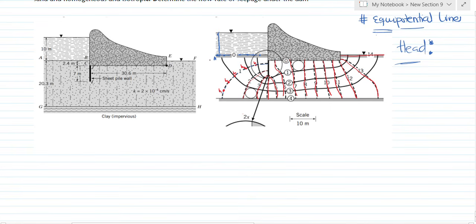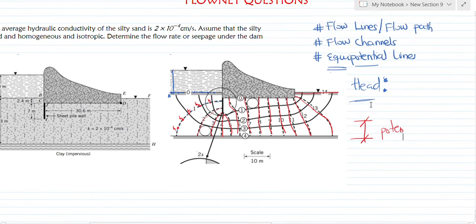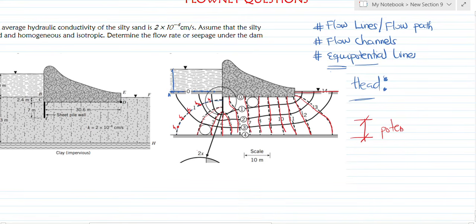Now the difference between two equipotential lines is what we call potential drop. For example, equipotential line 0 has a head of 10, and equipotential line 1 has a head of 9. Now you realize that it moved from 10 to 9.